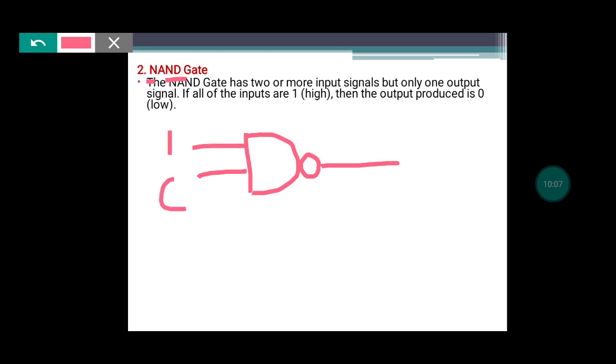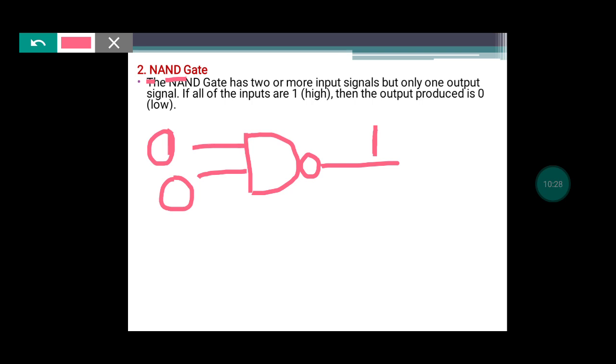If any one of the input signals is low, then the output signal will be high. Similarly, if both are low, then also the output signal will be high. This is simply opposite of the AND gate behavior.